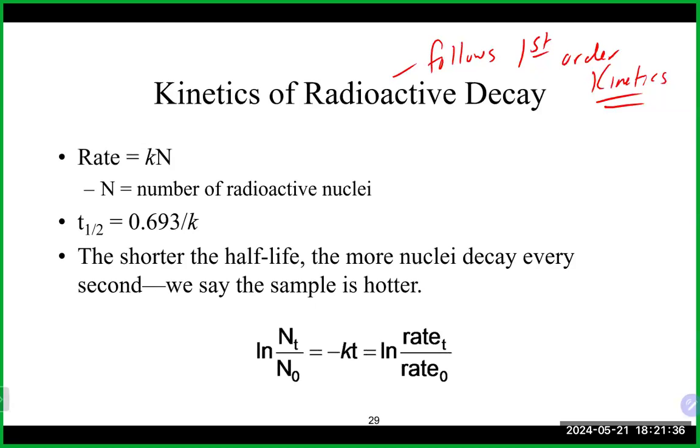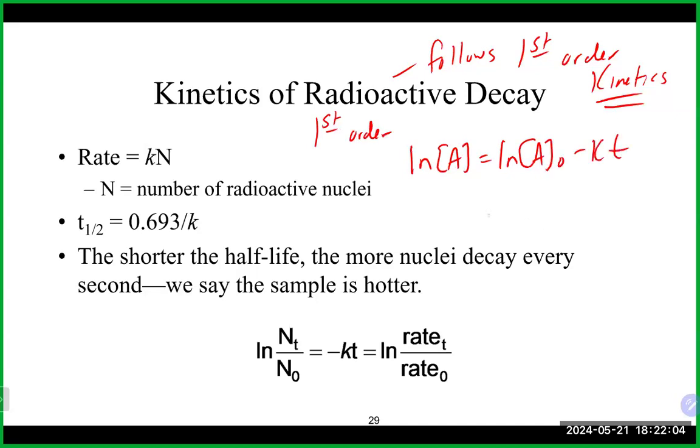Although there are some different symbols that we see on this page, it's really the same formulas that you can use for first order kinetics. They just sometimes use different symbols because it's radioactive decay. If you remember for first order, you had an integrated rate law of the natural log of A equals the natural log of A naught minus kt.